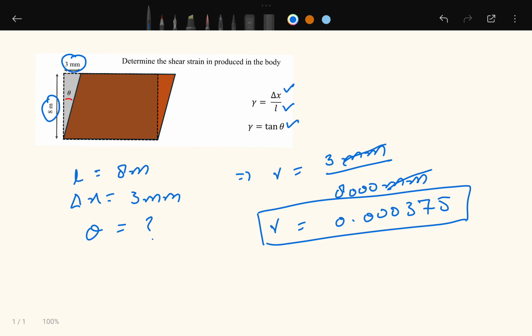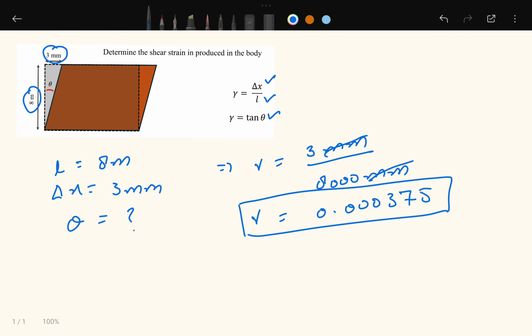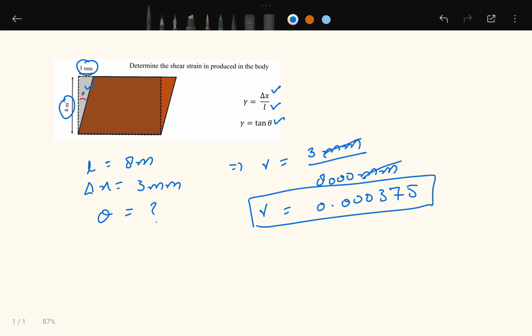Now if the question also asks what this angle would be, it's again very easy. You can use the strain value and find out theta using this equation: gamma is equal to tangent of theta.